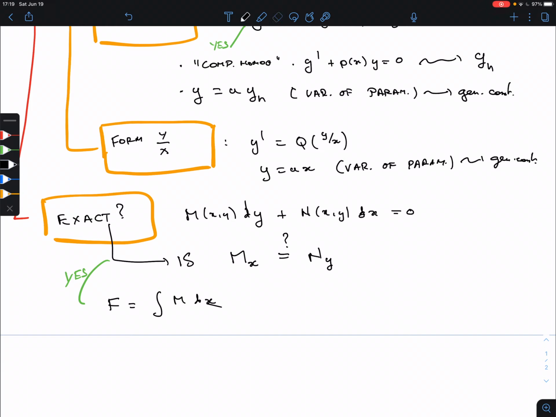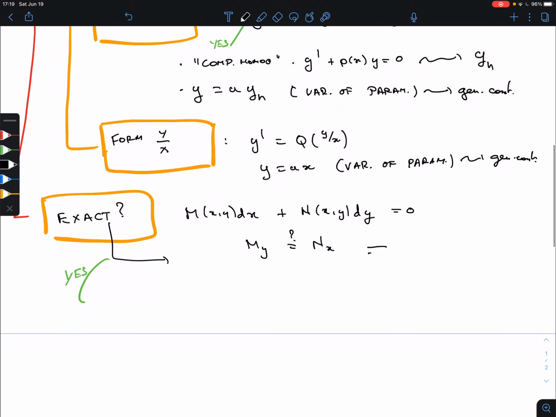What I wrote is all correct, but let me write it more like the textbook writes it, because that's perhaps less confusing. They use M for the one in front of dx, and N for the one in front of dy, and then it is M_y equals N_x. It's the other variable again.